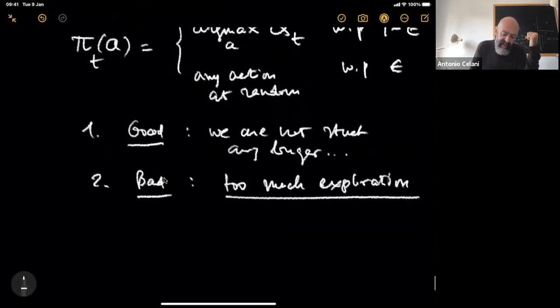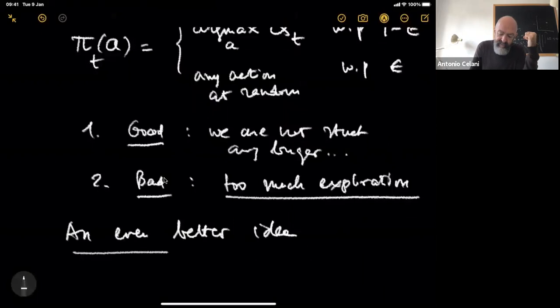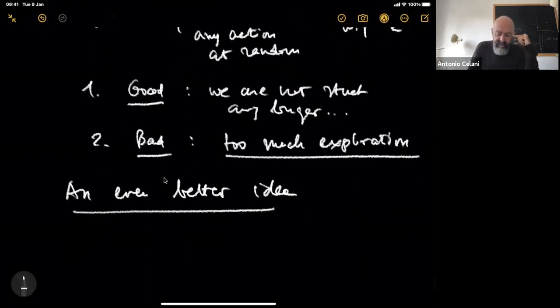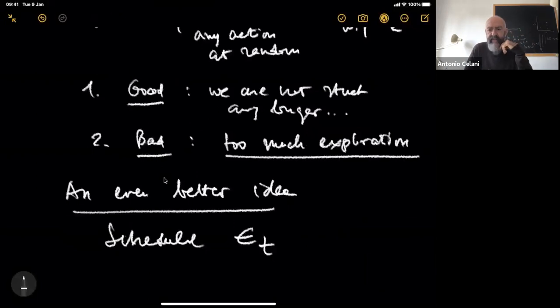Okay, an even better idea. Let's schedule the exploration rate. Okay, so let's decide how to change the exploration with time. So for instance, at the beginning, we can set epsilon to 1 at the very first step. What does it tell us?